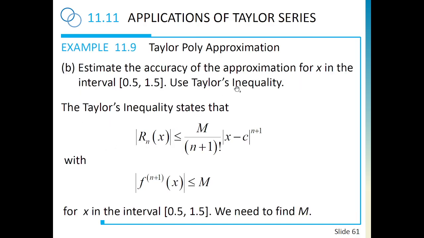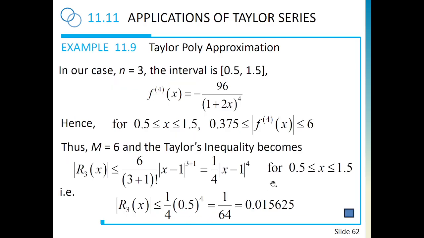Now again the same procedure to estimate the accuracy of the approximation. We have the Taylor inequality and we need to find M, which is the upper bound for the next derivative. In our case it will be the 4th derivative for x between 0.5 and 1.5, so that will be the first task.